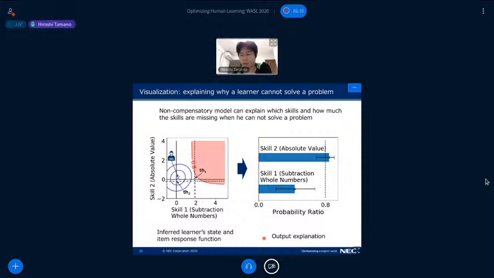In my current opinion, I think we need the Q matrix, since users want to understand by the name of the skill. So in that sense, the Q matrix is needed. That's why I model the KT using the Q matrix.